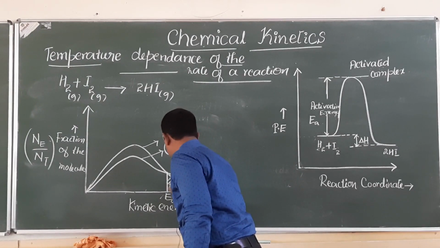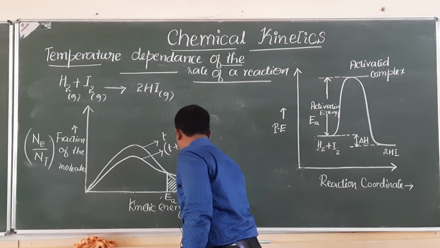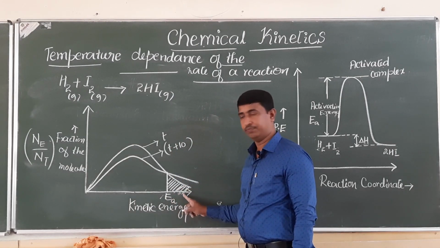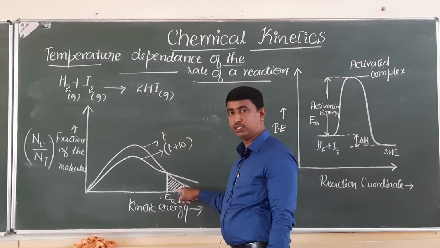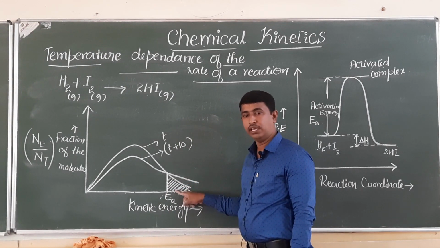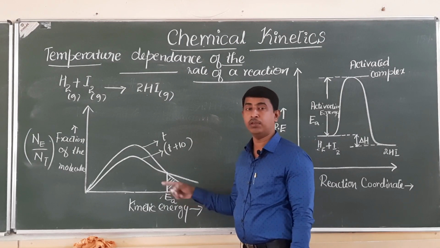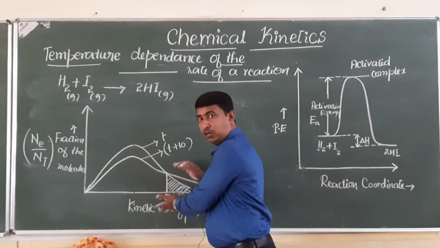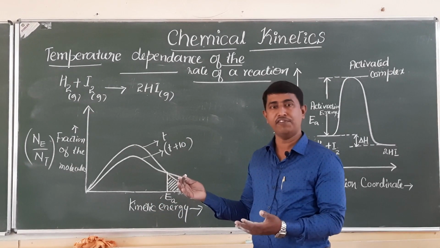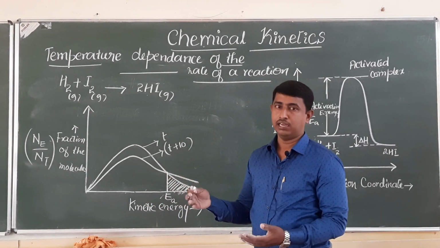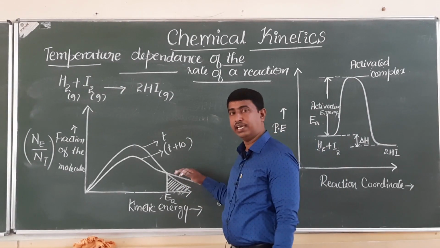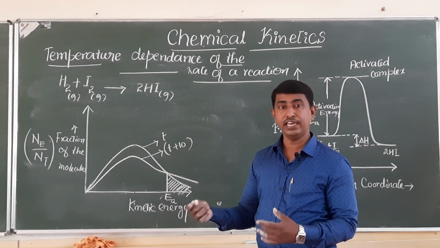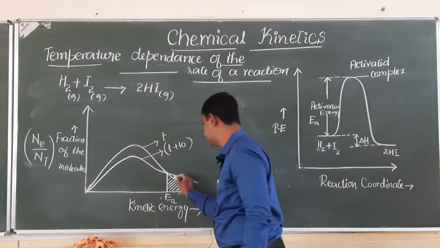So, this was the initial fraction of the molecules having energy equal to EA or greater than EA, before increasing the temperature. Upon increasing the temperature, the fraction of the molecules having energy equal to EA or greater than EA, or the number of molecules colliding with energy EA or more than EA, increases.